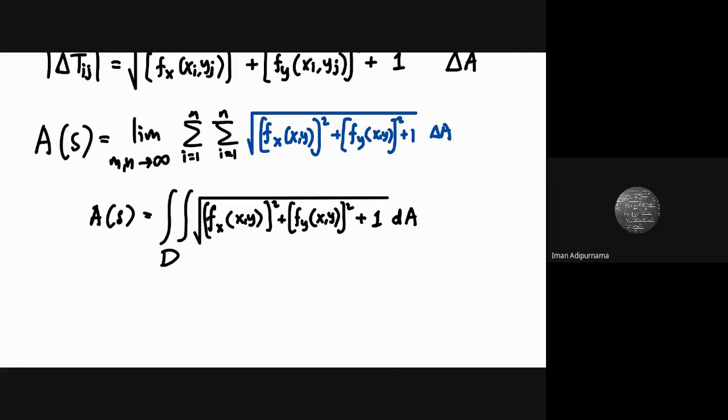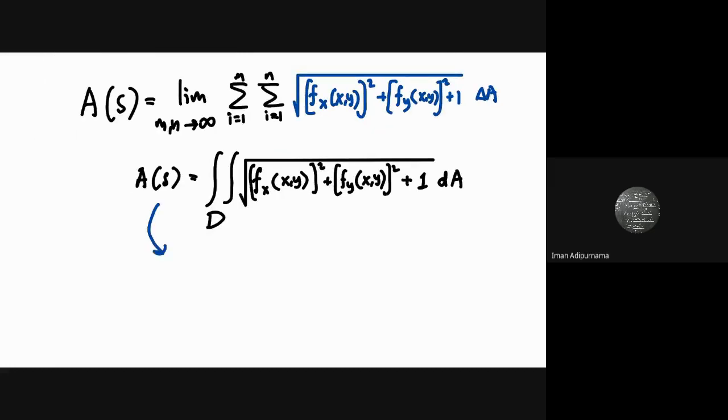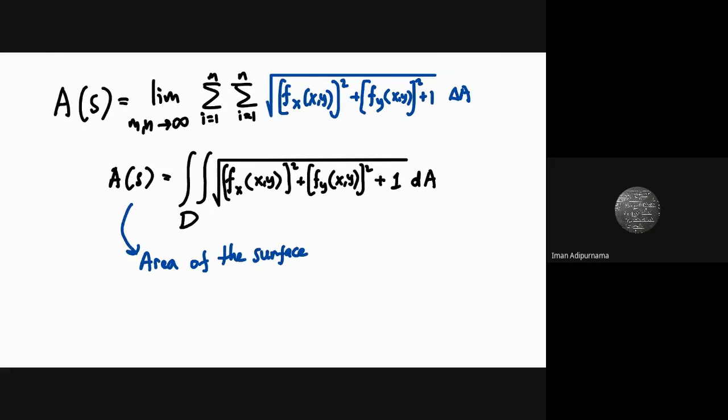So the definition is this. This is the area of the surface. Are you asking why the k of the vector a and b?